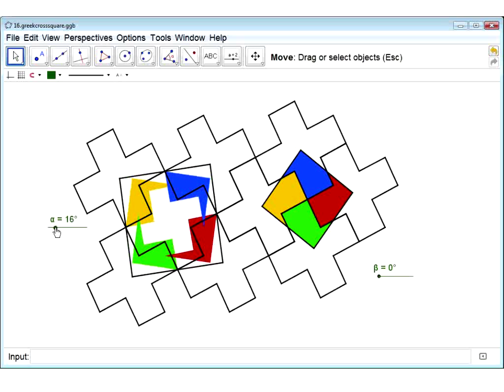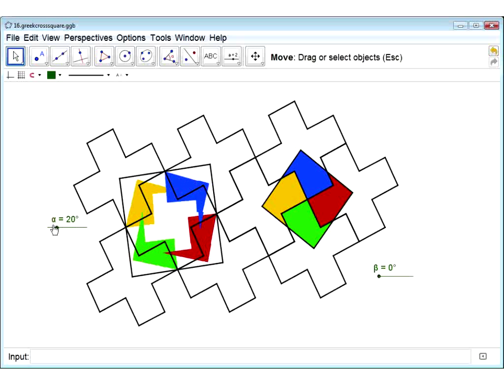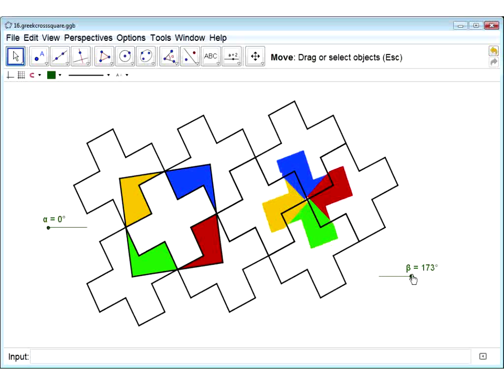So the one on the left, first of all, you can see that those 4 pieces do in fact make another Greek cross. And similarly the one on the right, there's another Greek cross. And again, I think you might be able to see that I got a bit carried away with being able to do this in Geogebra, so it's always thinking about what the students can do rather than trying to impress them with these files.